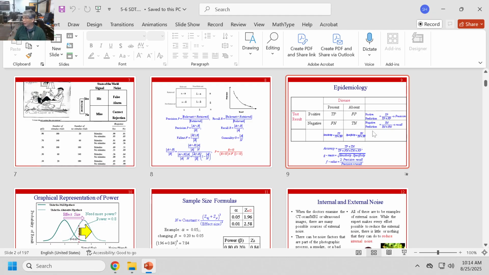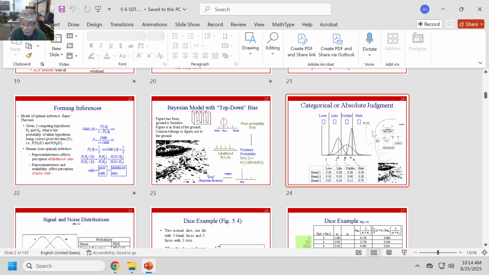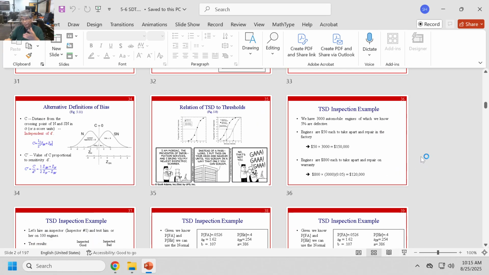But right now, think about this problem. You have a very distinctive way to evaluate several things at once.